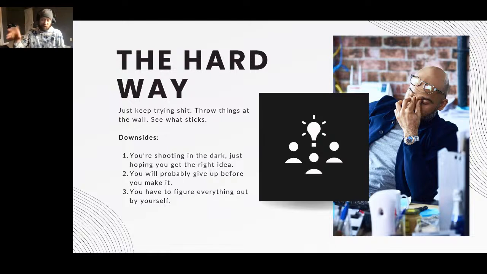And so just throwing stuff out there with no data or no thought or no intention will probably make you end up giving up. And then the third downside is you have to figure out everything yourself. And that's really, really challenging. I think people underestimate how difficult it is to consistently be in creativity and problem solving mode and have nothing to go off from or base your direction on because there isn't an example ahead of you.